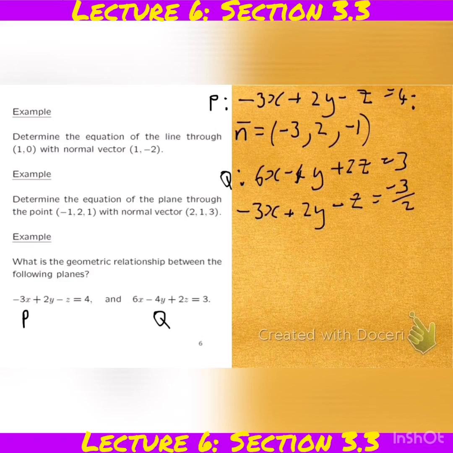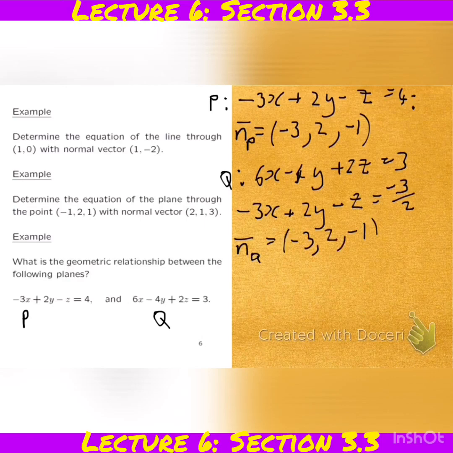So the planes P and Q are equivalent to one another in their normal direction. And what is the normal vector? Just to avoid confusion, let's call them the normal vector of P and the normal vector of Q. The normal vector of Q is the same vector.